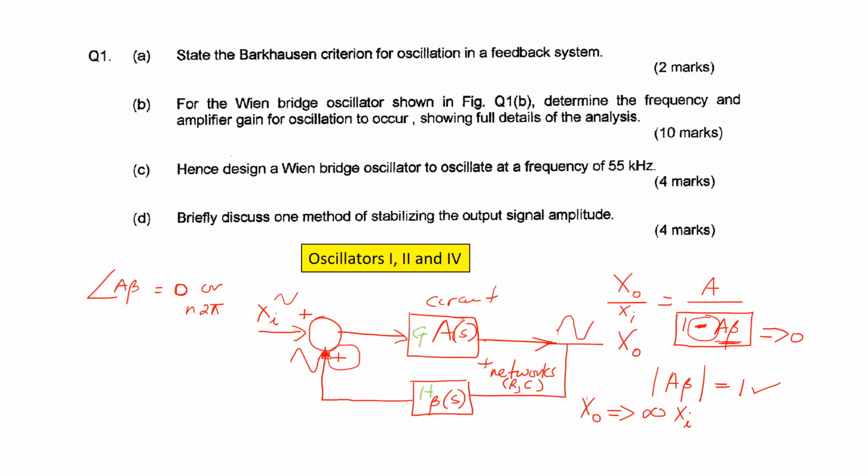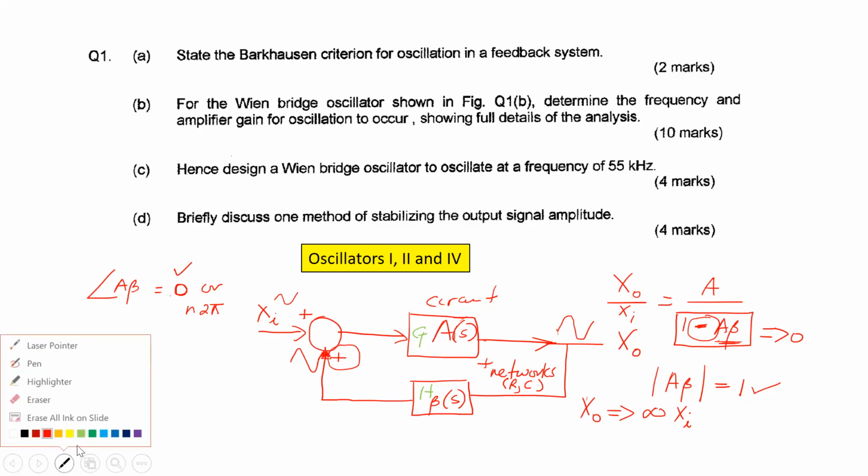So they are real components, and you know that when signals pass through resistors and capacitors, they get shifted, they get delayed and so on, which is where the phase shift comes in. So if we have some way of designing this in such a way that the phase shift is 0 or a multiple of 2 pi, then we are able to satisfy this criterion here. So those are the two things that we need.